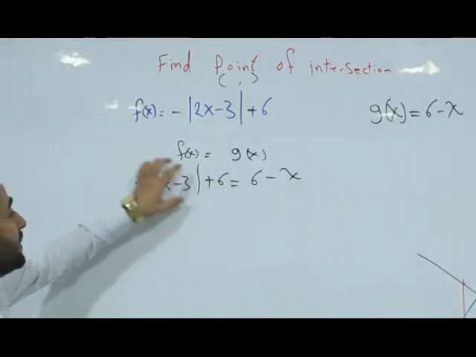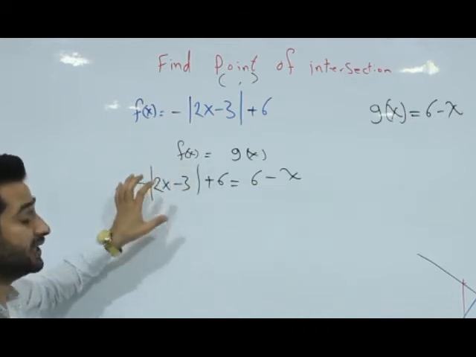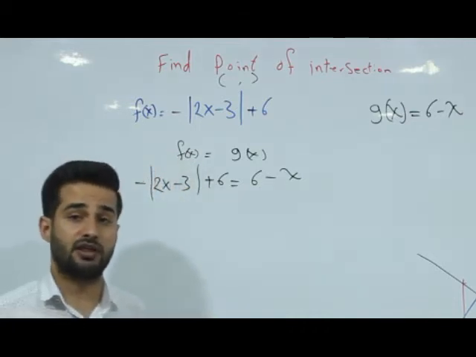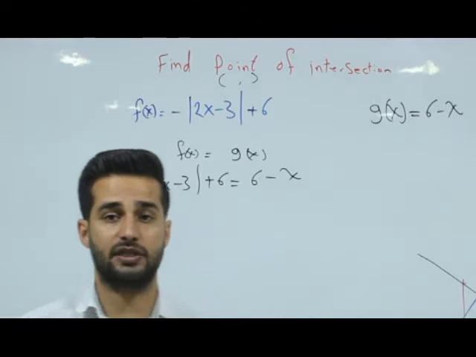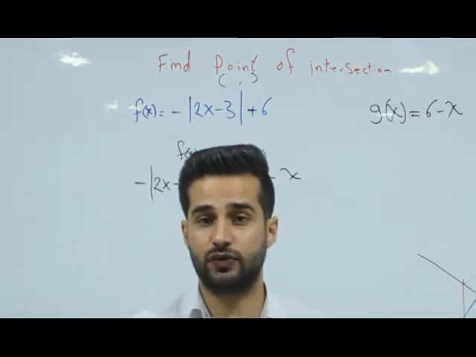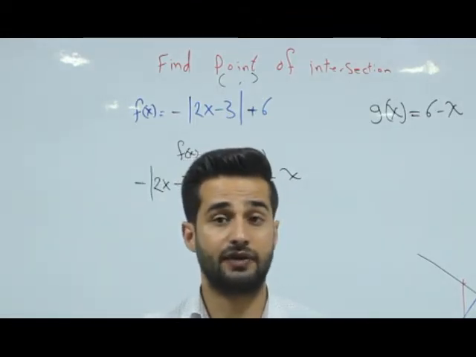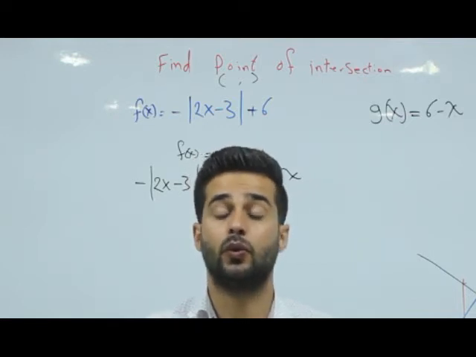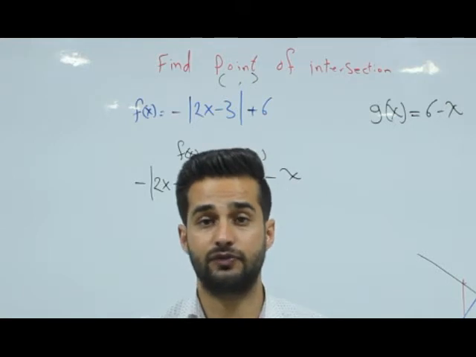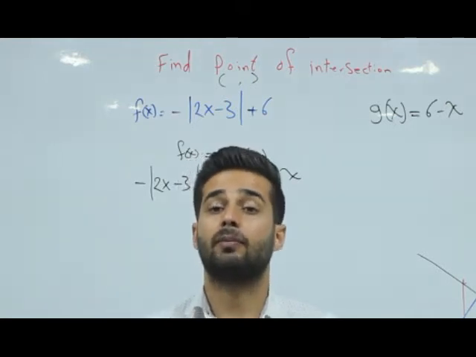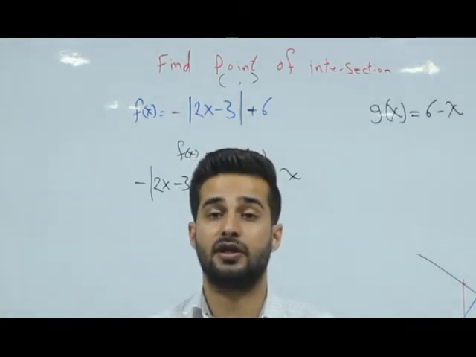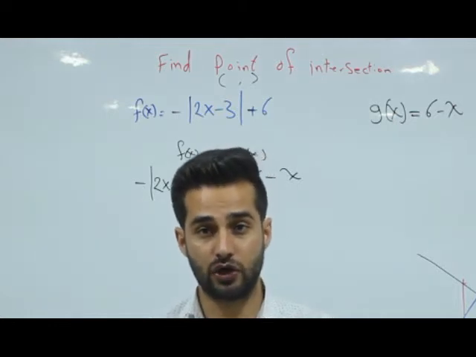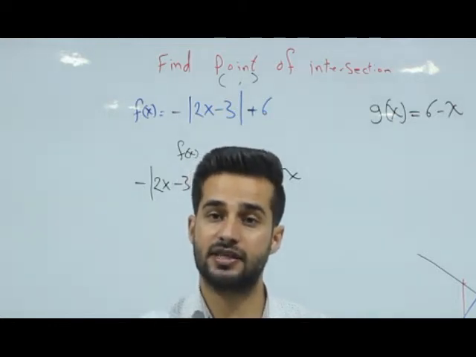But if we have an absolute value, be careful, how can we remove an absolute value? Please write a note for yourself. If we have an absolute value equation, how can we remove it? We can remove the absolute value by this way: take the absolute value alone and then separate.